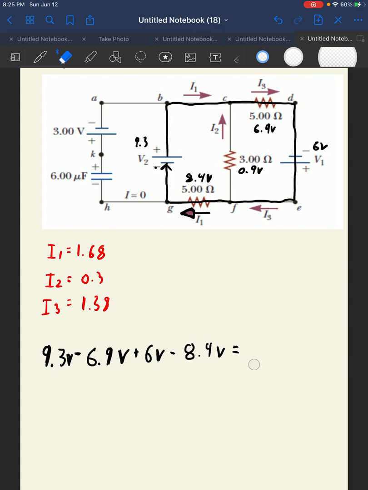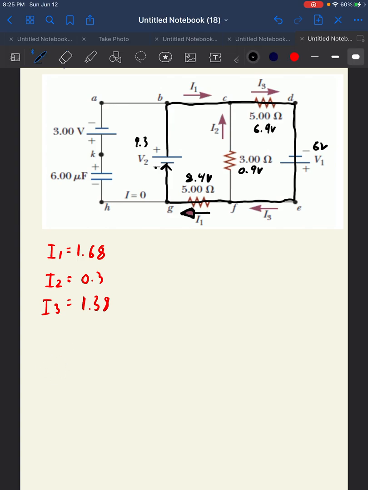Once we have that, they now want us to prove that there is 1.6 amps going through V2. So how do we do that? Well, we already solved the voltage and the current for each of these positions. So now what we want to do is make an equation like this.